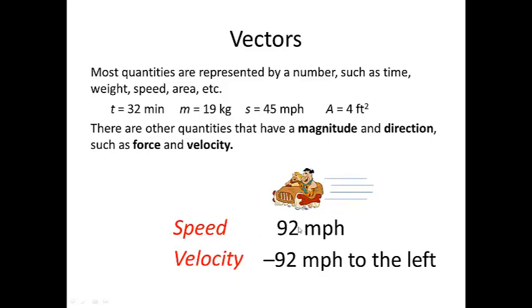If we set that this number up here is a vector, then we know it's going to the right. But speed, it doesn't matter if you're driving 92 miles per hour to school or from school, you're just going 92 miles per hour. That's your speed. Like the speedometer on your car, it doesn't tell you a vector, it doesn't tell you which direction you're going. But velocity, you do have to tell which direction you're going because it's a vector.